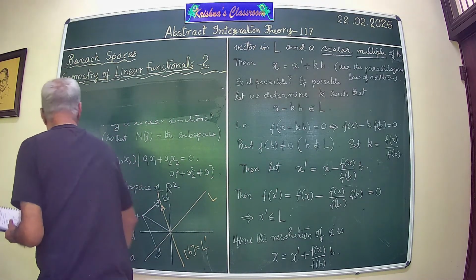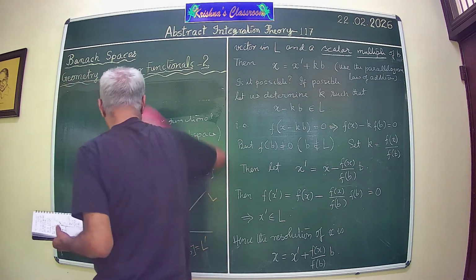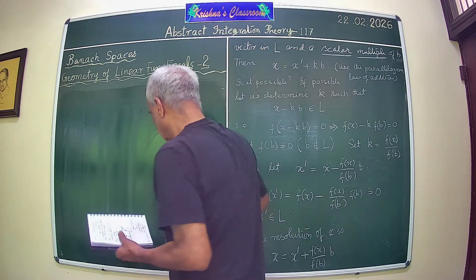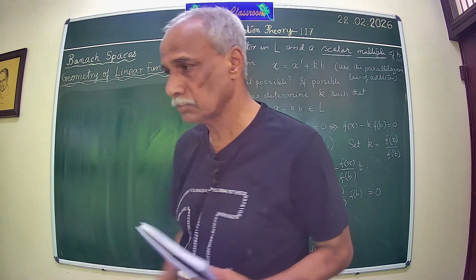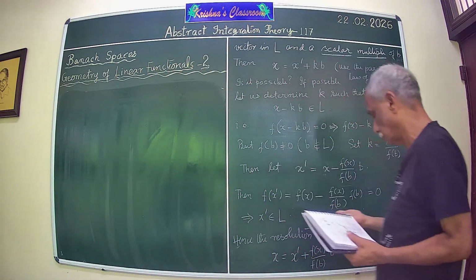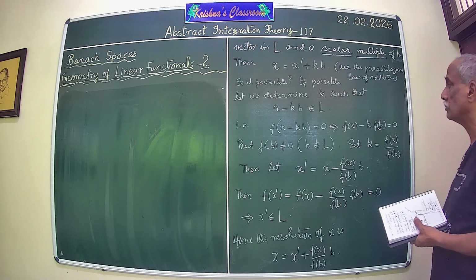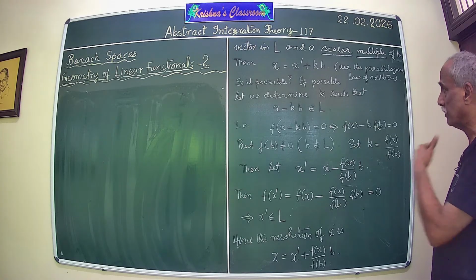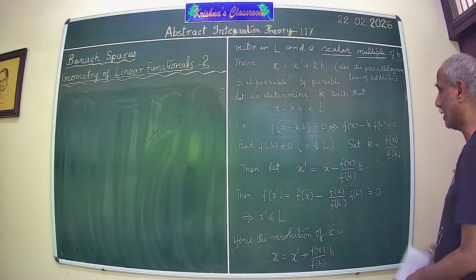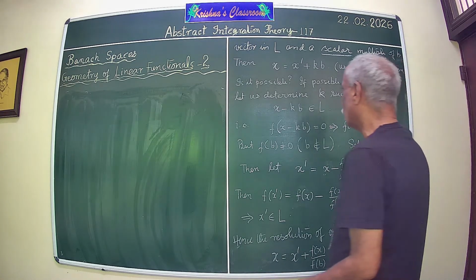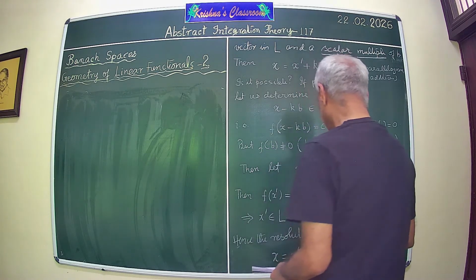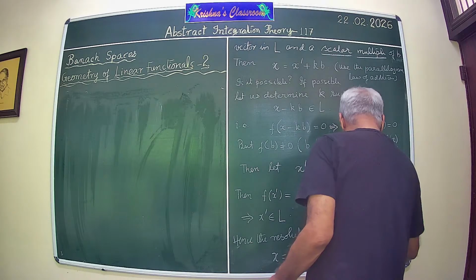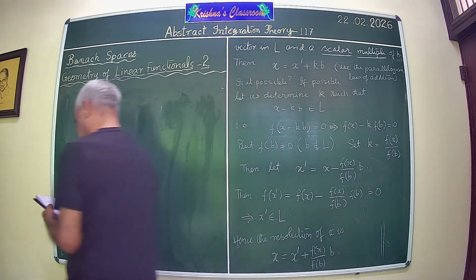Now we shall do the following. Now this is the backward, how to find this b. Okay. So let us just keep it on our side. Now let me define the form.